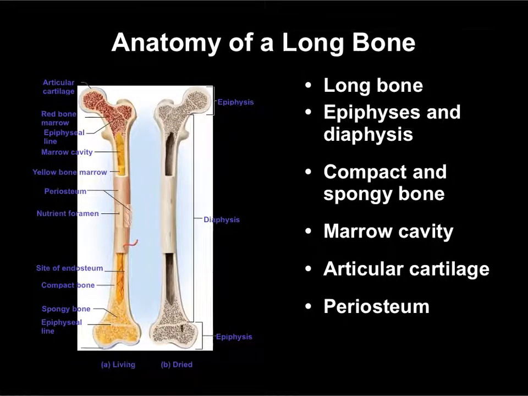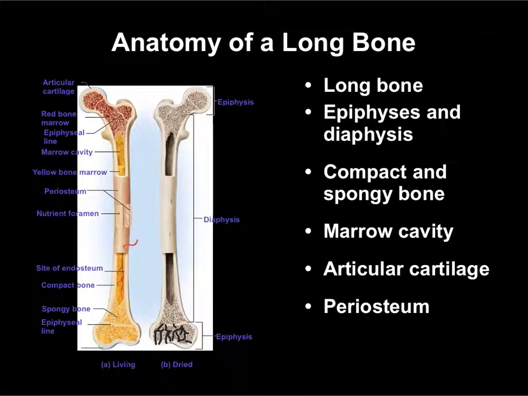So you'd see it forming all of these little interconnected trabecular plates. The spongy bone in the epiphysis is usually filled with red bone marrow. And that red bone marrow is filling up all of the spaces in between the spongy bits of the bone. And that's where blood is born.